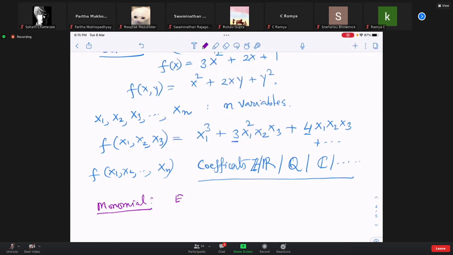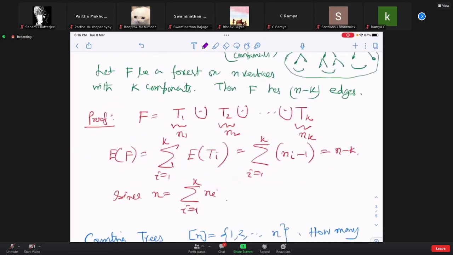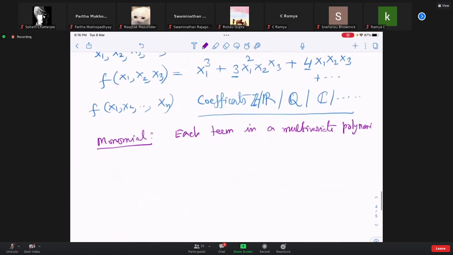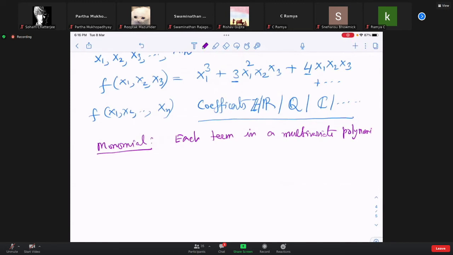Each term in a multivariate polynomial. What is your favorite multivariate polynomial? Anybody has any favorite multivariate polynomial?